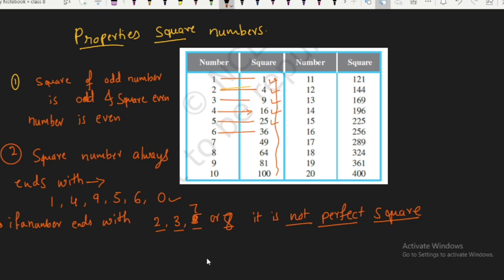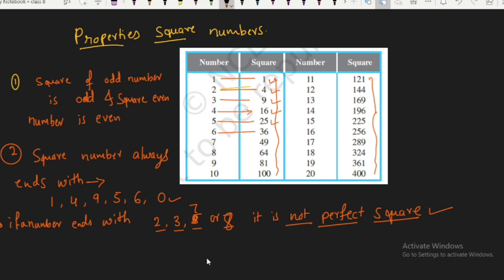You can observe here, is there any square number ending with 2 in the unit place? No. Is it ending with 3? No. Here 7 or 8, check. So if a number ends with 2, 3, 7 or 8, it is never a perfect square. This is one important property.